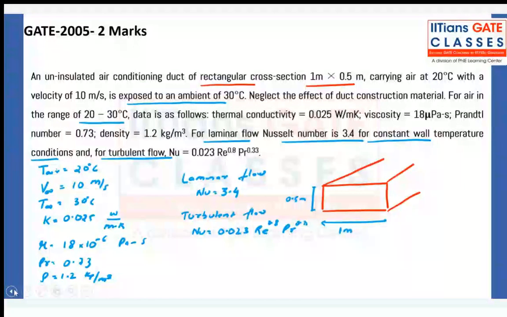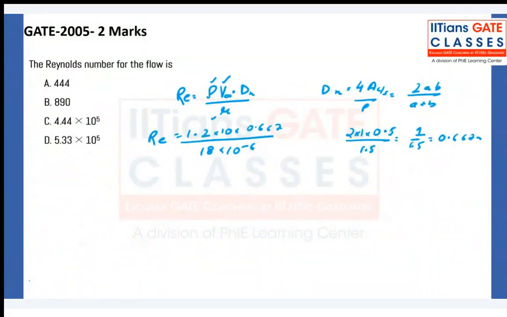If it is a 2 mark question, not more than 1 minute. Sometimes you can do it in 30 seconds, and then take 2 minutes on another question because you saved time. Once you have read this question, it should not take more than 30 seconds to solve. So the Reynolds number we have found.